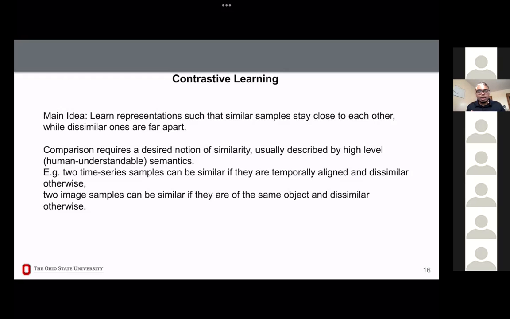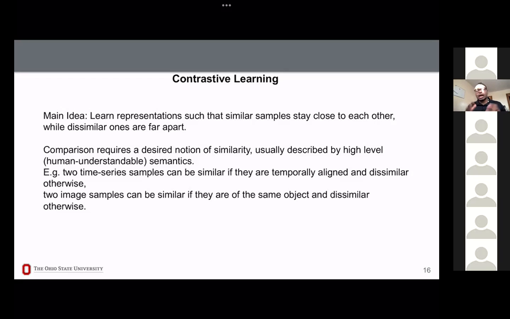Other examples would be, if they are of the same object, say both images are of a dog, then you say they are similar. If they are one dog and one cat, then they are dissimilar. In instance discrimination, which we talked about earlier, every image is its own class.